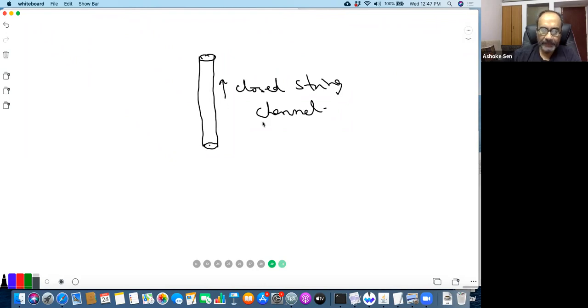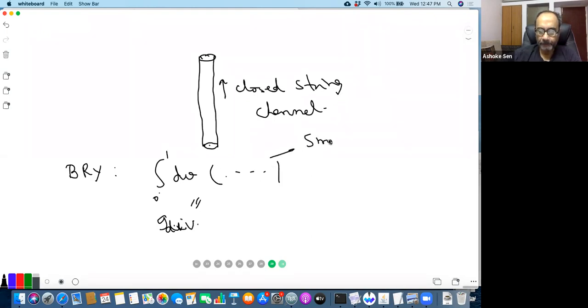And again, the point is that in the BRY analysis, of course they have them. You wrote down integral 0 to 1 dv and various things. This part, what we call the divergent part, didn't have any non-analyticity as v goes to 1, right? This was perfectly smooth as v goes to 1.